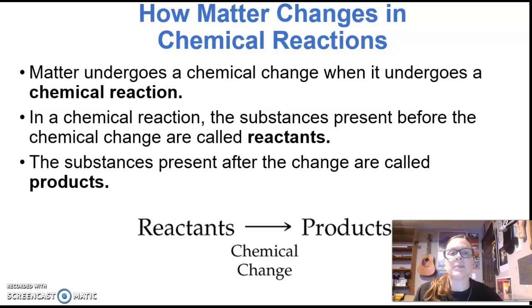Matter undergoes a chemical change when it goes through a chemical reaction. In a chemical reaction, the substance present before the chemical change is called the reactants. And then after the chemical change is described with the reaction arrow here, the ending product is the products.